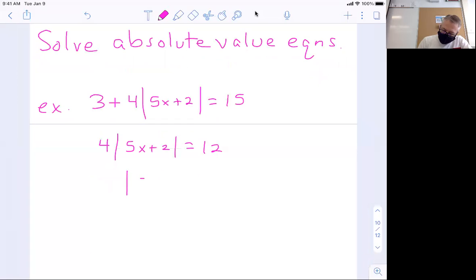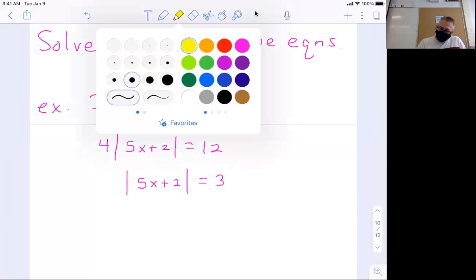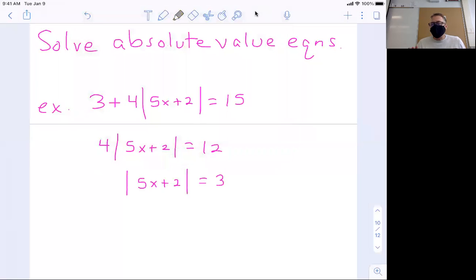Divide by 4, so I get the absolute value of 5x plus 2 is equal to 3. So I got the absolute value by itself.